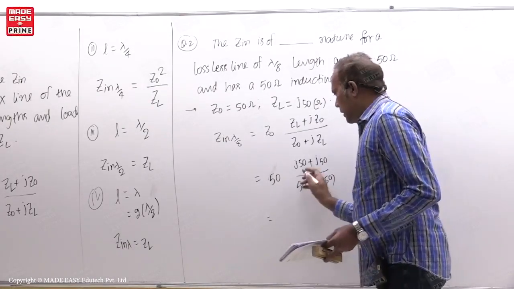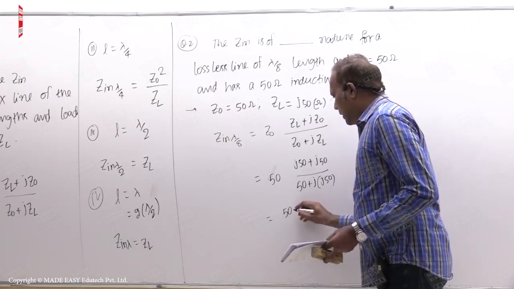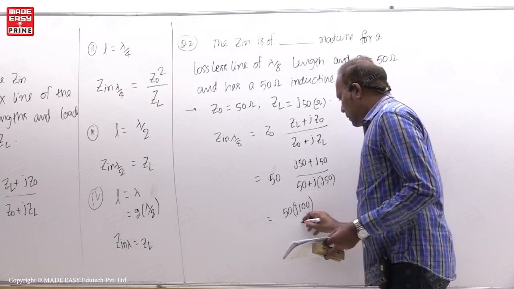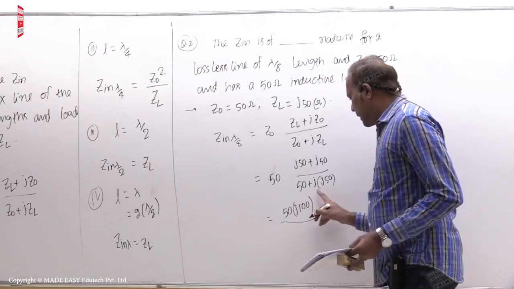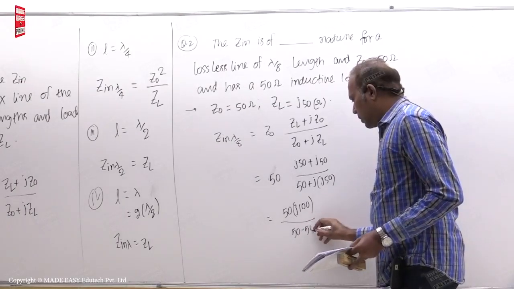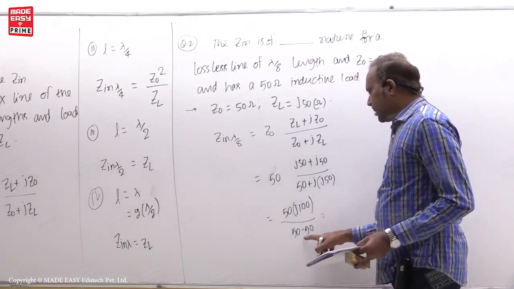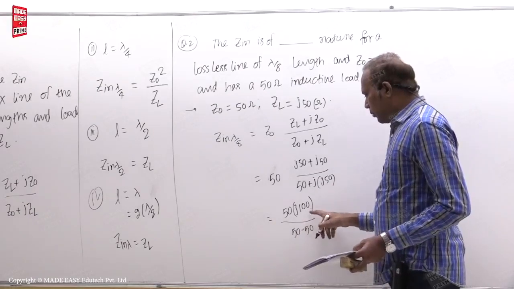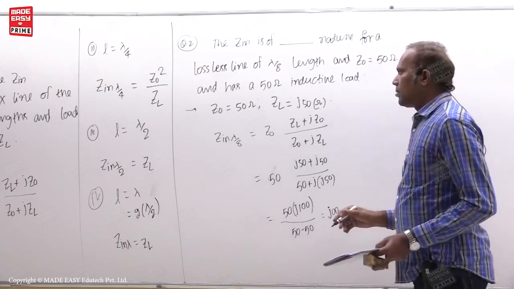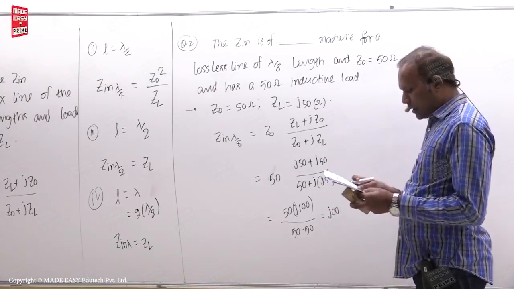So ultimately you get 50 into j100, divided by 50 minus j into j square, 50 minus 50. So ultimately the denominator you got 0. So 1 by 0 is infinity. So ultimately you got j infinity. So it is open circuit nature.